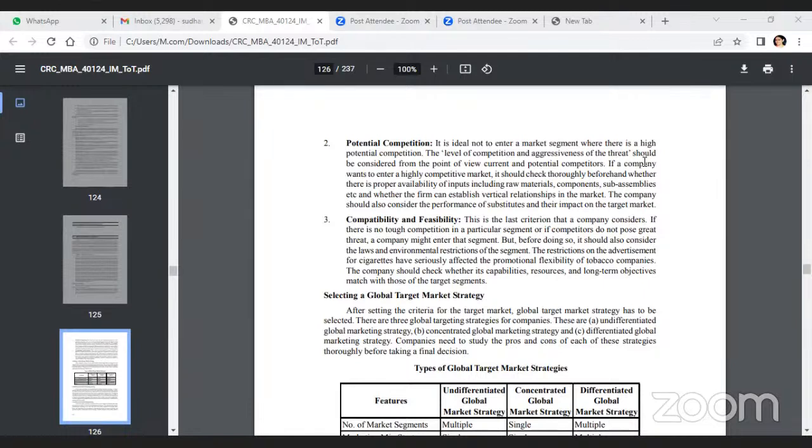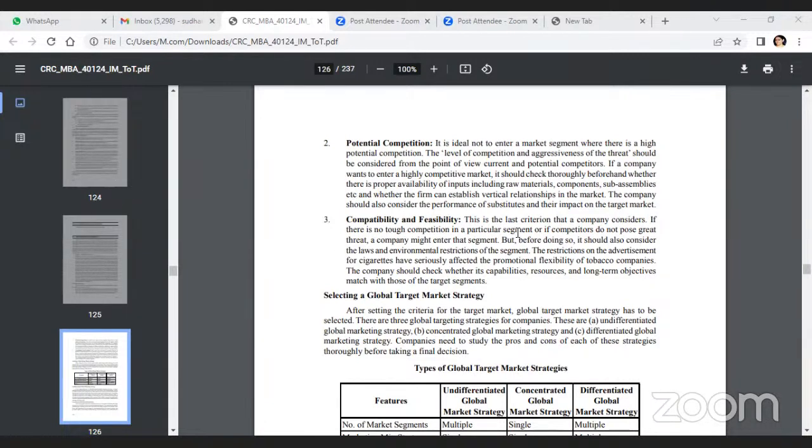All the aspects will be taken into consideration. When a firm wants to enter a highly competitive market, it should check thoroughly beforehand whether there is proper availability of inputs, raw materials, components, assemblies, etc. At the same time, it also has to see the competitors' approach and how we should lay down our strategies to stand in that competitive market.